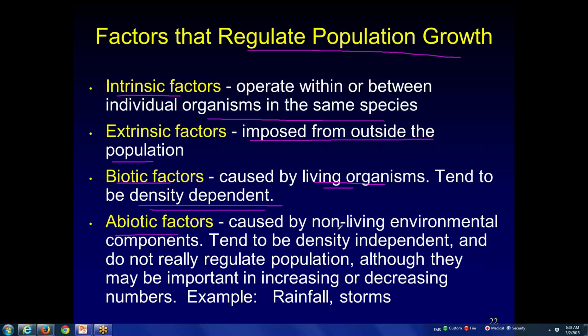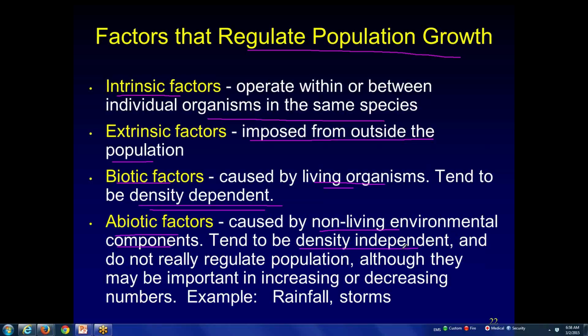Abiotic factors caused by non-living environmental components like drought, floods, right? Rainfall, storms, they tend to be density independent, right? For example, whether the hurricane comes or not, right, has nothing to do with your density. You could have a very dense population, the hurricane will come. Your population may not be dense, the hurricane comes anyway.